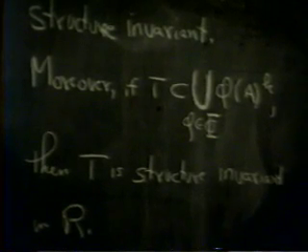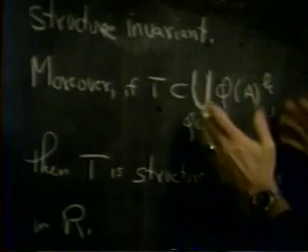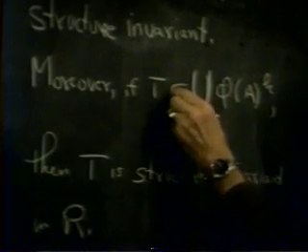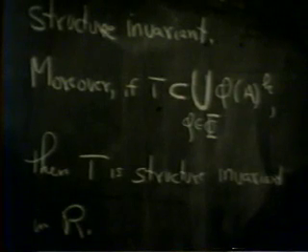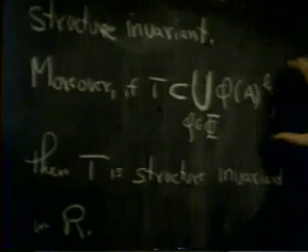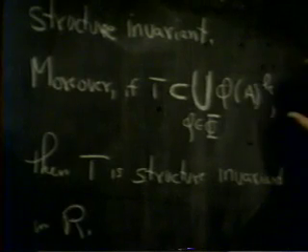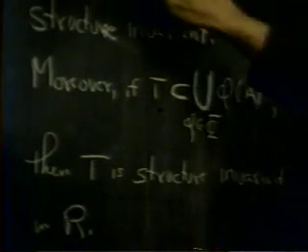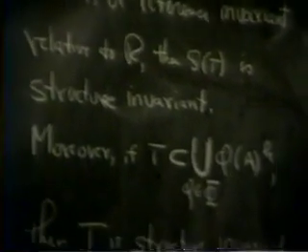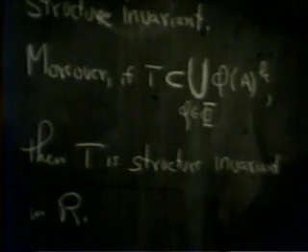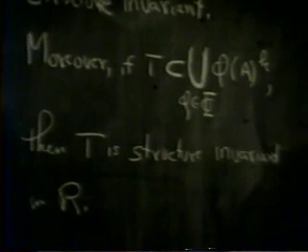What we're going to be doing is restricting the representation space and then looking at relations in that. So if the representation space has been chosen efficiently, this condition will be met, in which case, if T is reference invariant relative to R, it will prove to be structure invariant in R. So we're getting very close at this point to these concepts being the same.